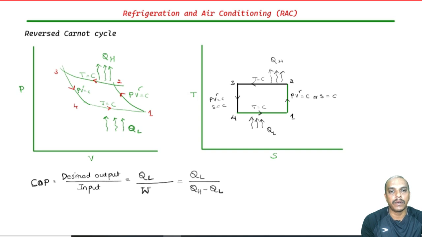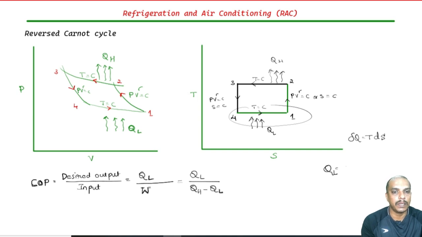Now, very important, QL is already here, all right, 4 to 1. QL can be further simplified from the concept of entropy. We know that Q is given by temperature multiplied by change in entropy. Now, from there I am drawing this equation.